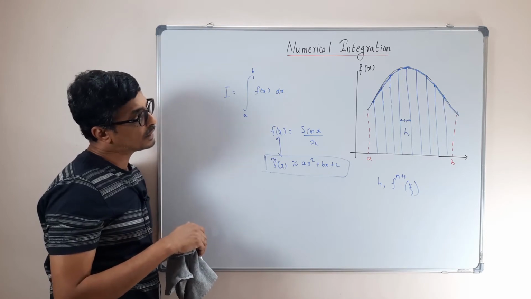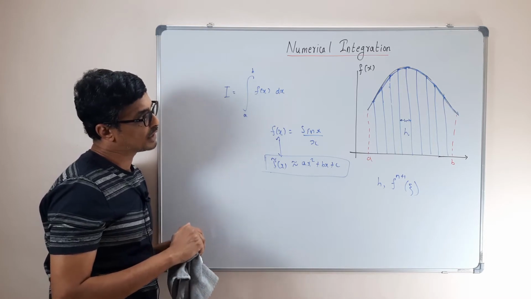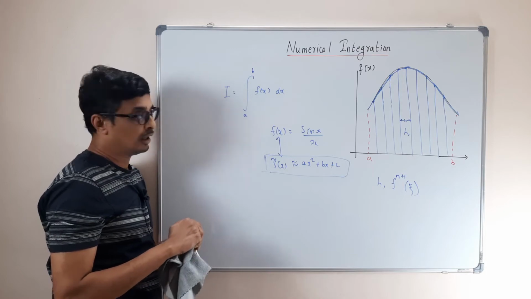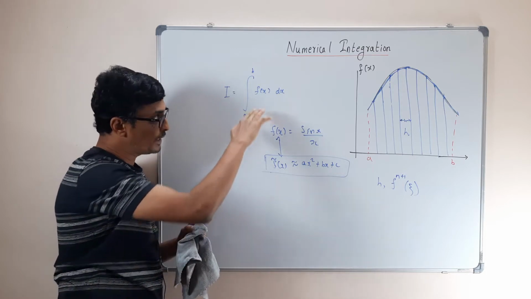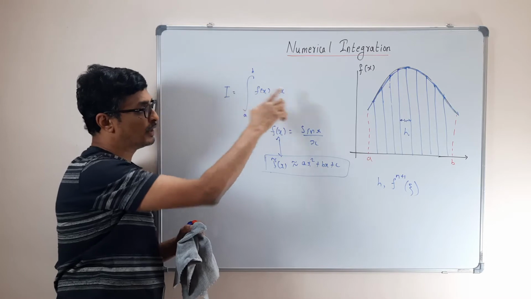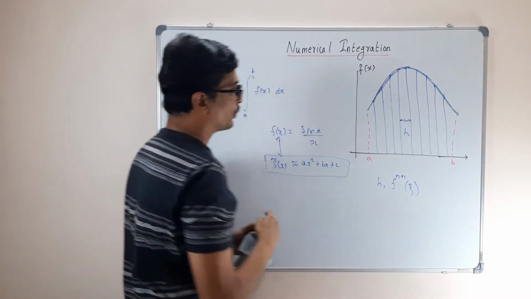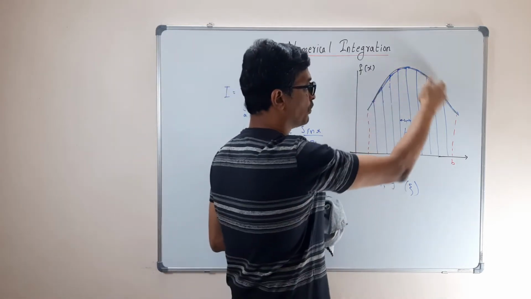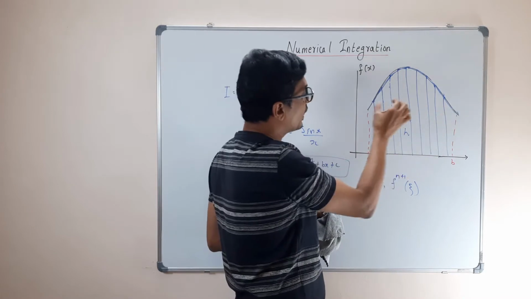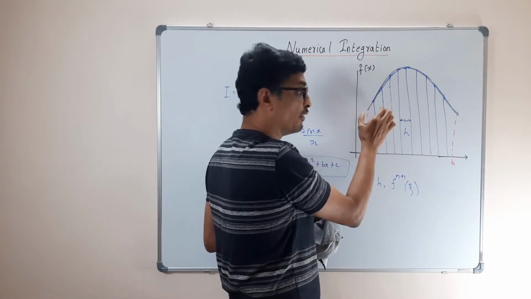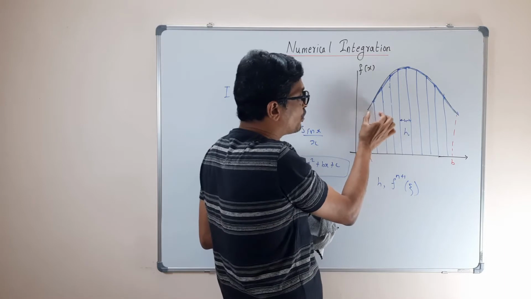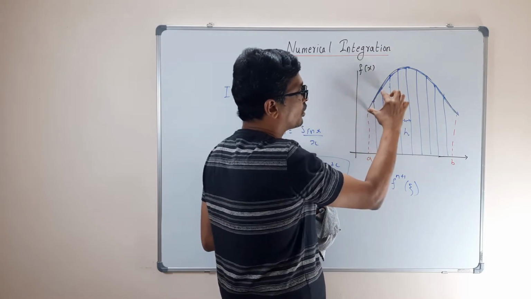So the primary task now is to construct the polynomial, that is, replace this integrand with a polynomial. As I told you, instead of taking all the points and constructing a polynomial of high order, I can take a small number of points, maybe 2 point or 3 point or 4 point.